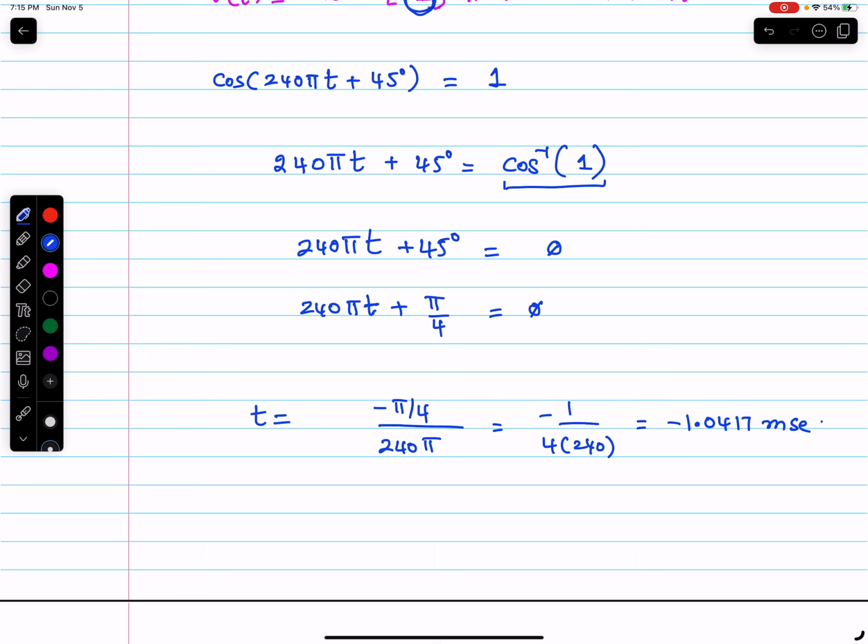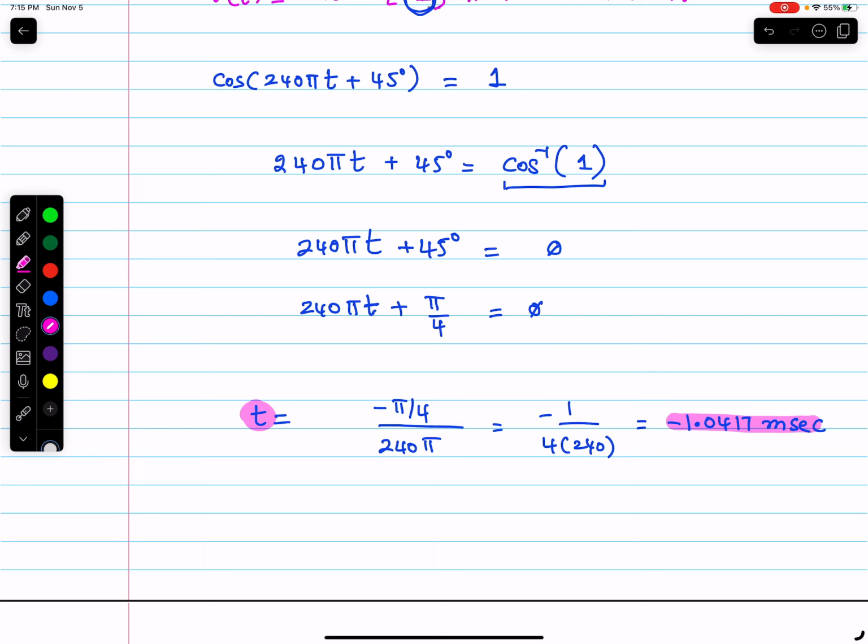Are we done? Yes or no? Think about this. We were expected to calculate a value for t. We did find a value for t. Are we done?